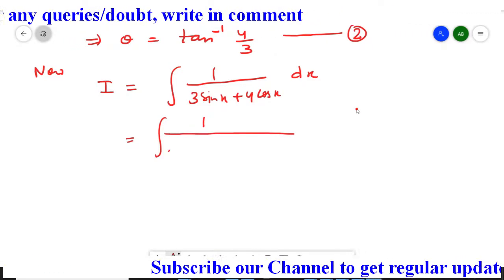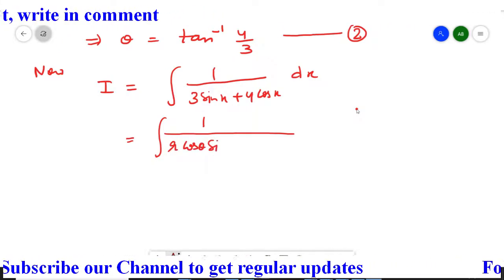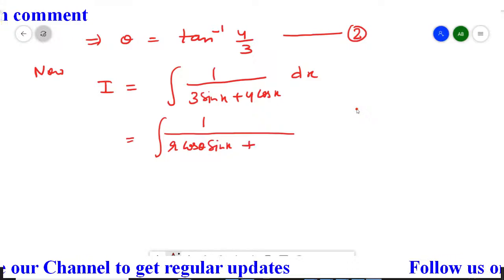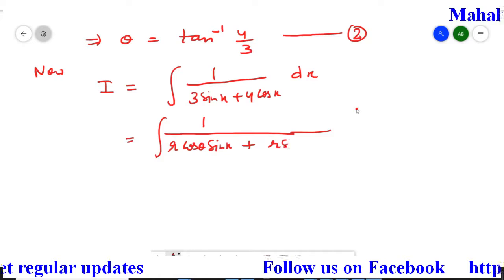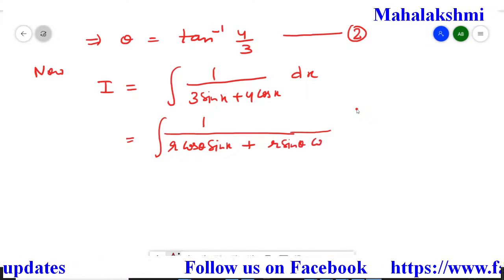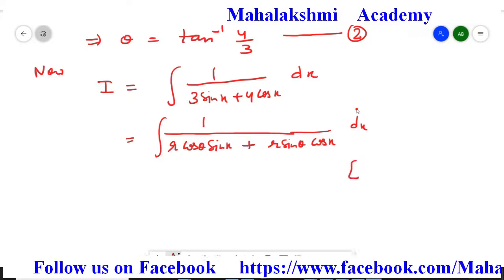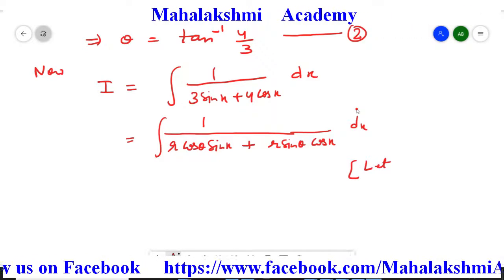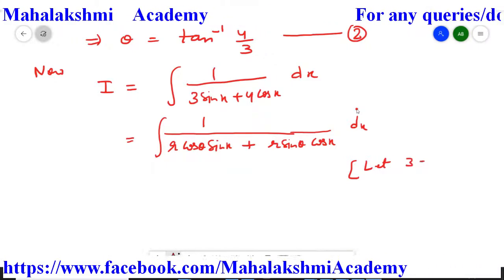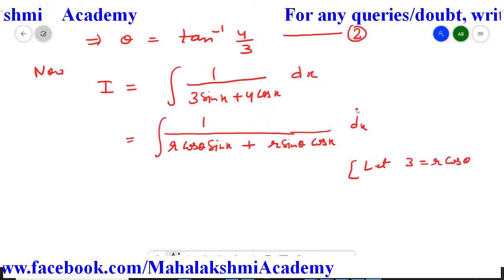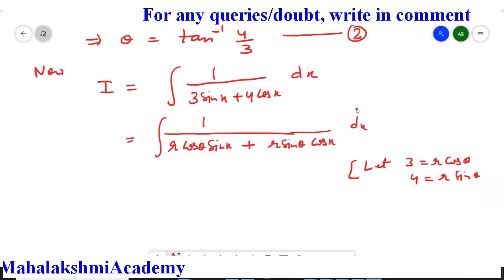We have to assume 3 as r cos theta and sin x as it is, and 4 we have to assume as r sin theta and cos x as it is. Whatever we had assumed, just write down in the reason. We already wrote it, but I am writing here again: 3 is r cos theta and 4 is r sin theta.